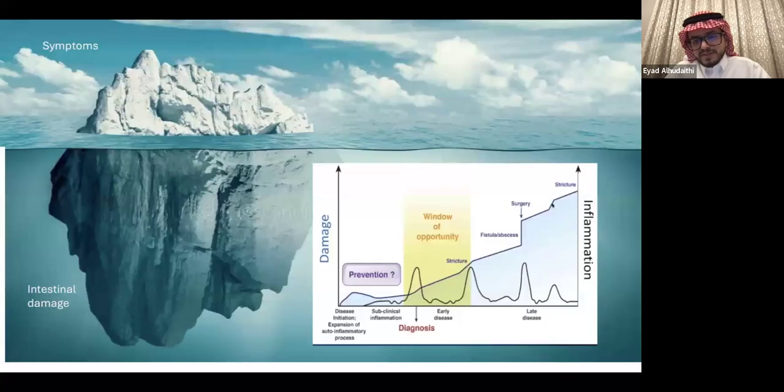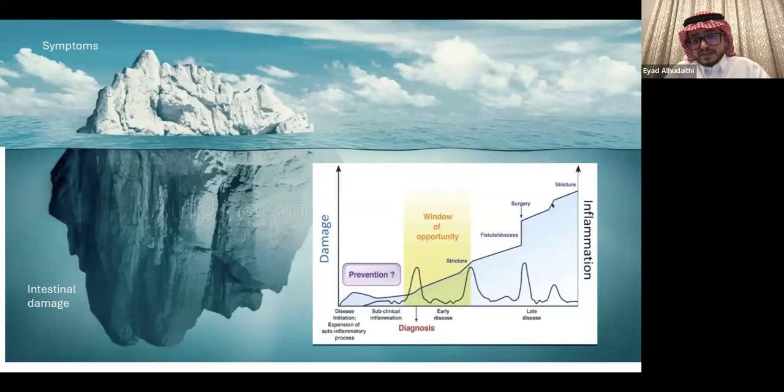So the relapse and remission represent that when you see the patient or when he comes to the ER, this is the time when you assess his activity. But disease severity is what's represented here as the blue line.